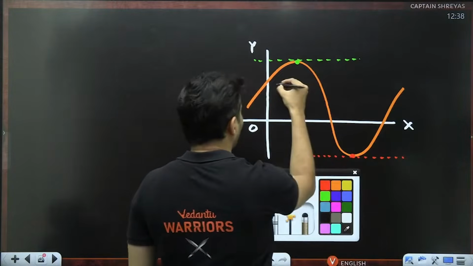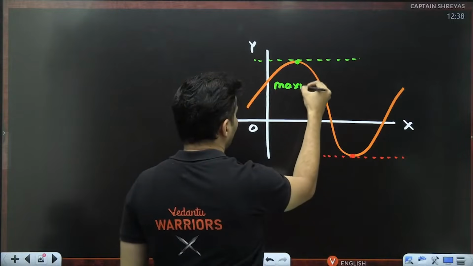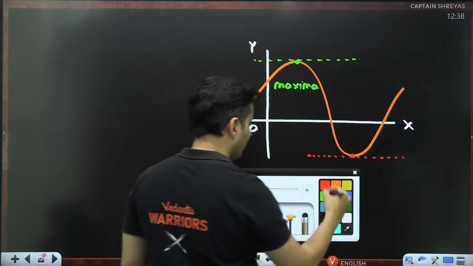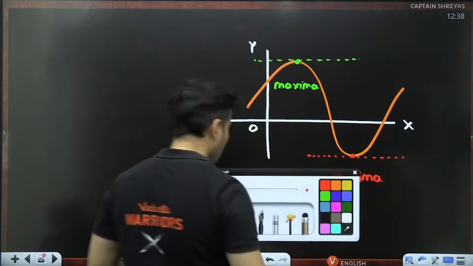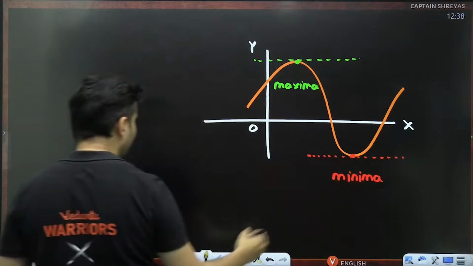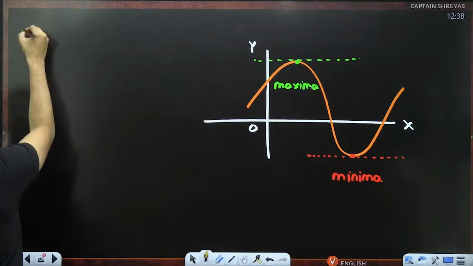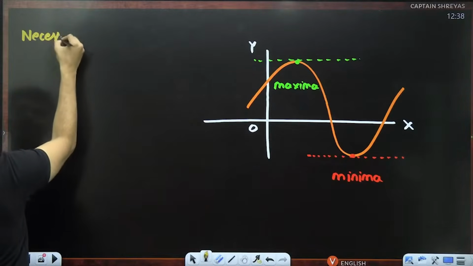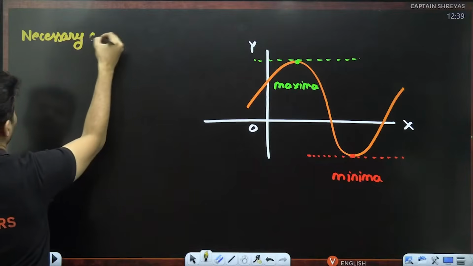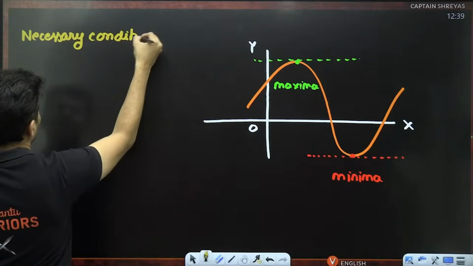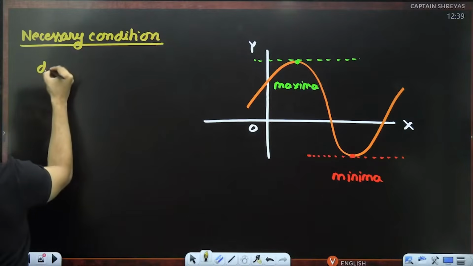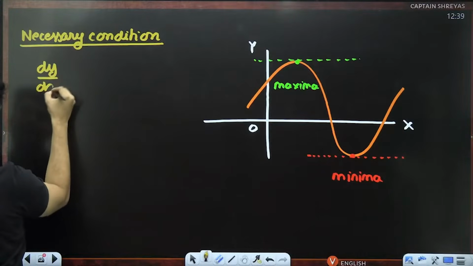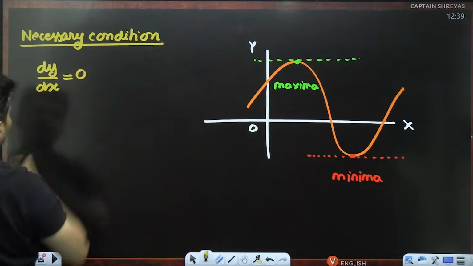So be it maxima or be it minima, the necessary condition, very, very important, is that dy by dx has to be zero.